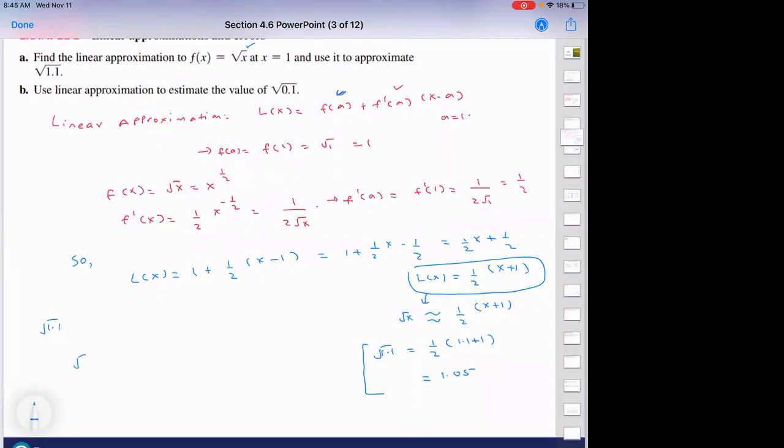Let me ask this question for everybody. Can you use that linear approximation to approximate square root of 10 or square root of 15 or square root of 5? Can we use this linear approximation to find the value of square root of 10, let's say?